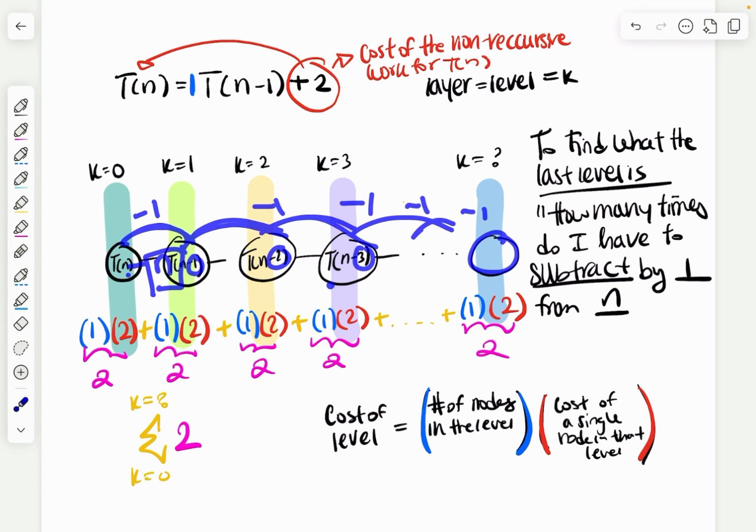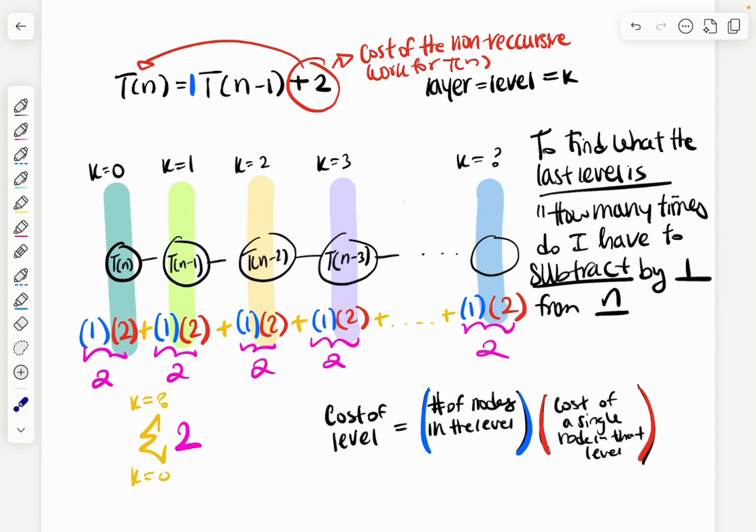And so once I get to n minus n, that's going to give me 0, and that would be a base case, because it's usually either 0 or 1 or 2, depending on your problem. But in this case, your problem would be done because you basically reduced the problem to where it's just not even a problem anymore. It's like T of 0 is something you could solve. You reduced the size of the problem so much. So T of 0 would be the base case.